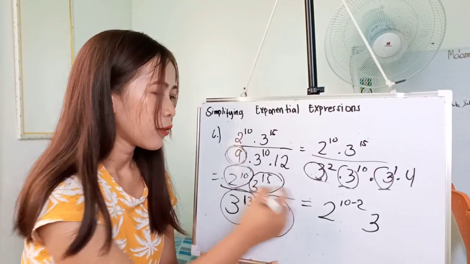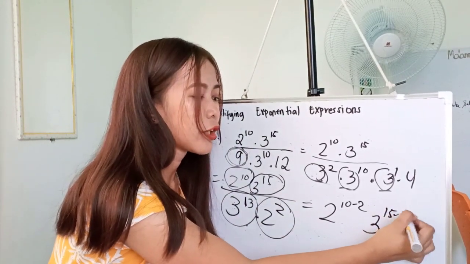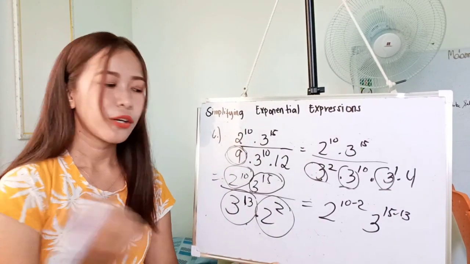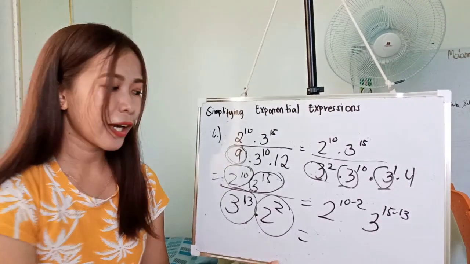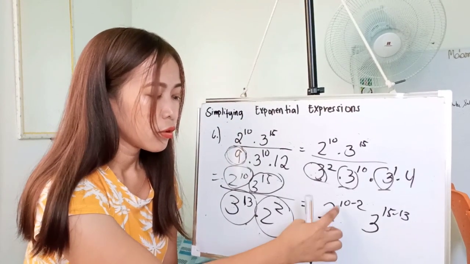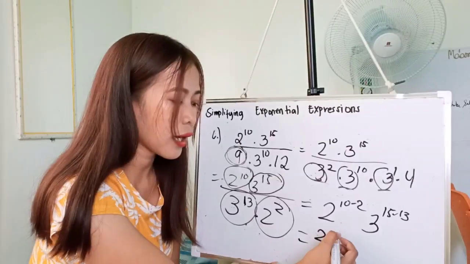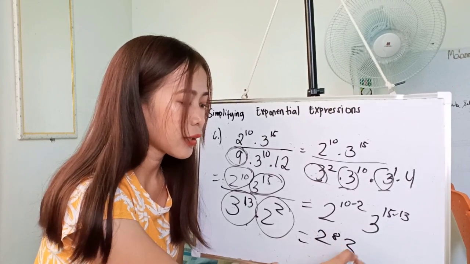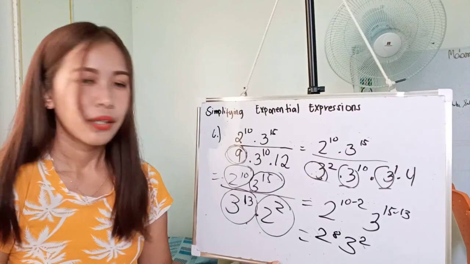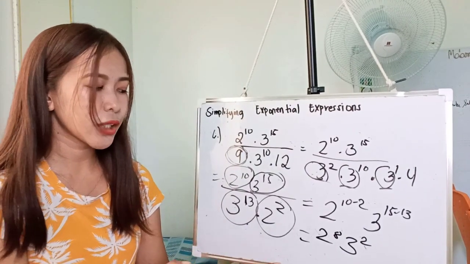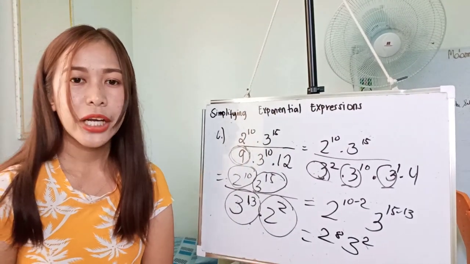And then we have 15 minus 13. That is under the quotient rule. Okay? And then, of course, i-simplify na natin. 2 raised to 10 minus 2 is 8. And then 3, 15 minus 13, that is 2. Tama. Therefore, we have 2 raised to 8 times 3 raised to 2.